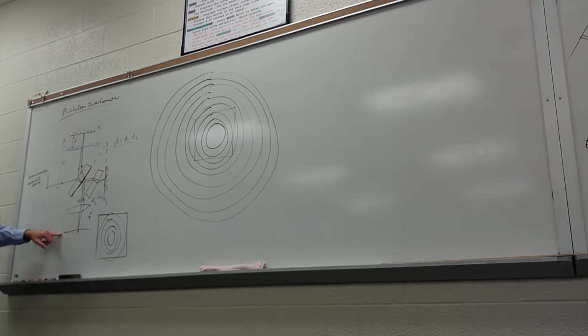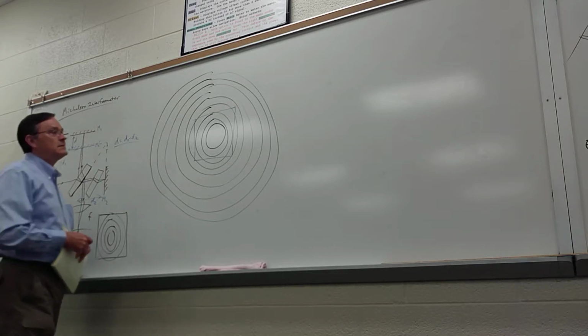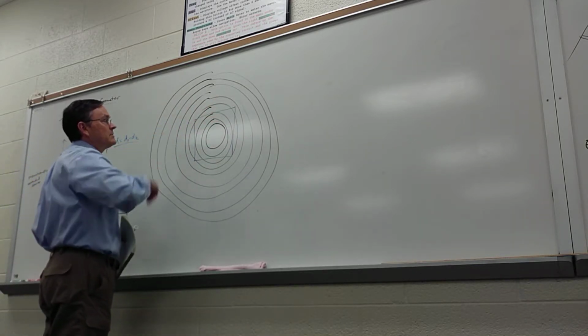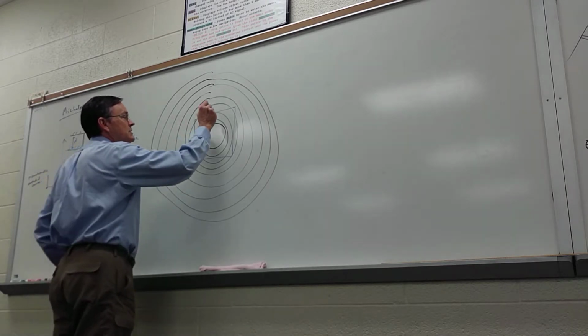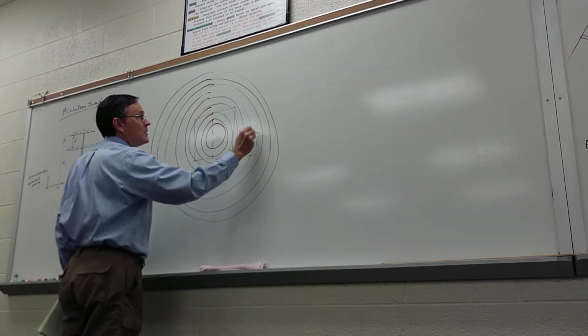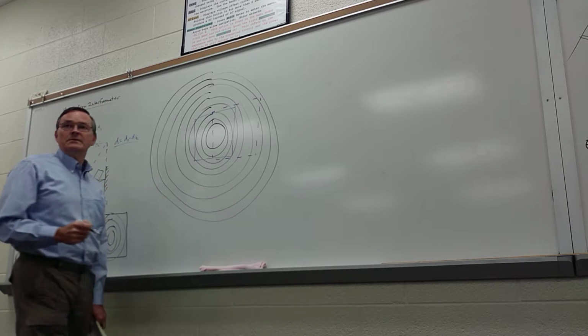And so what happens is that circular fringe pattern gets moved, just shifts. Which you could also visualize as circular fringe pattern, and now you just shift it over where you're observing the fringe pattern.